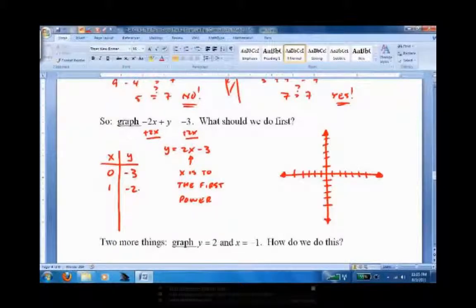So 0, negative 3, and 1, negative 1. Connect the dots. It makes a line. That's pretty easy, but we'll make it even easier going forward. That'll do for now, though.